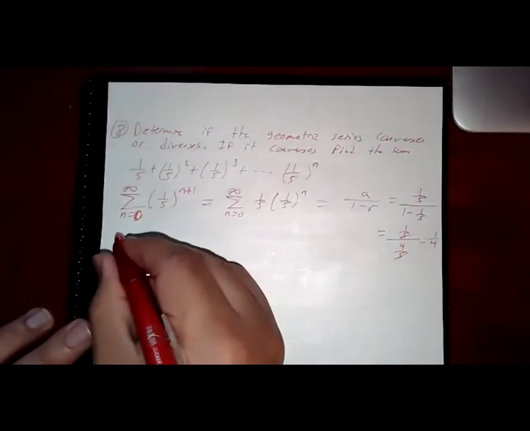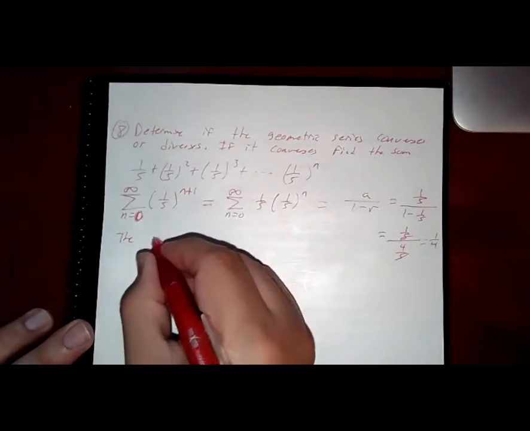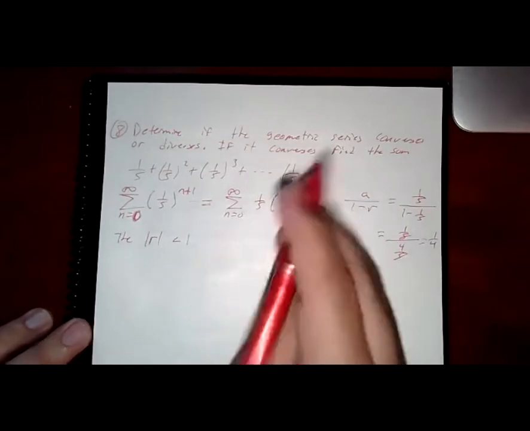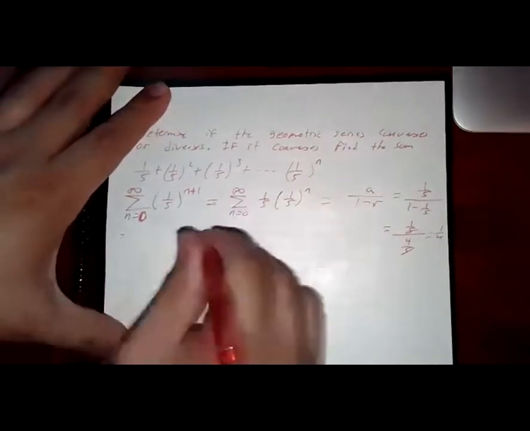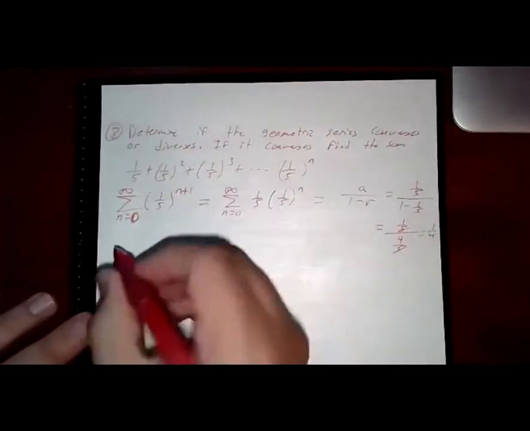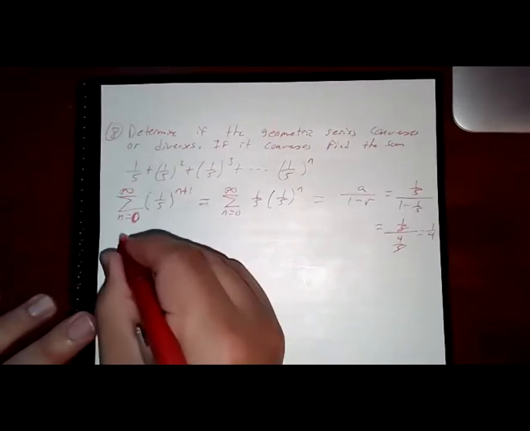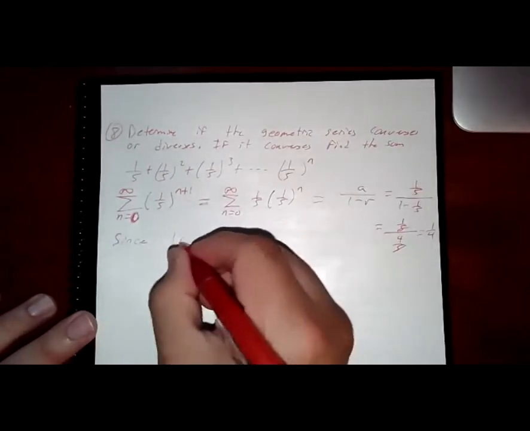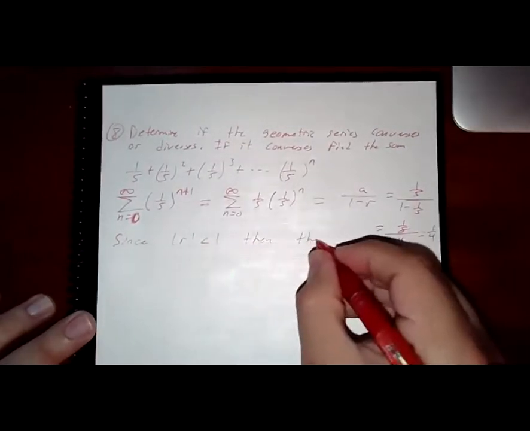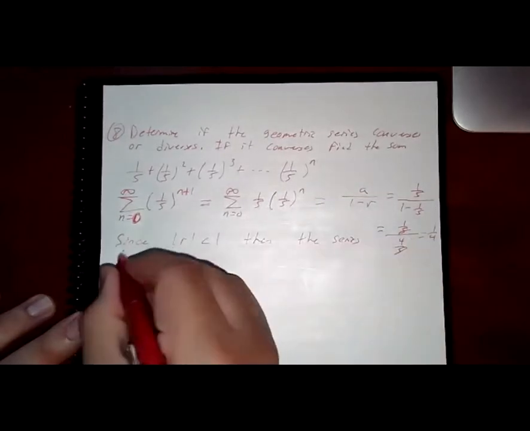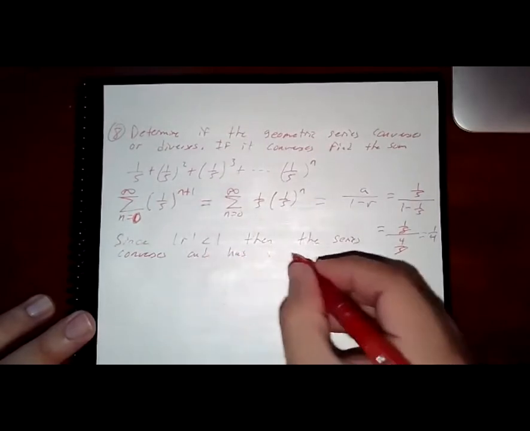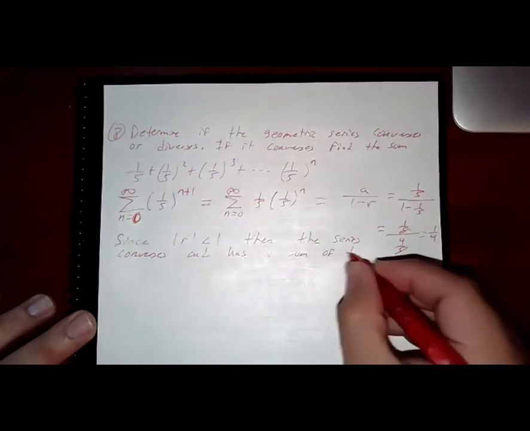Since the absolute value of r is less than 1, the series converges and has a sum of 1/4.